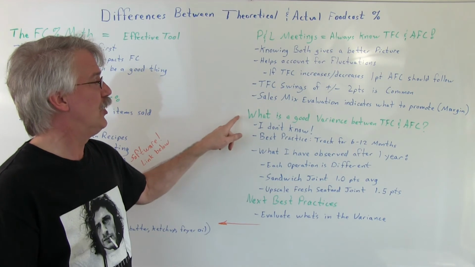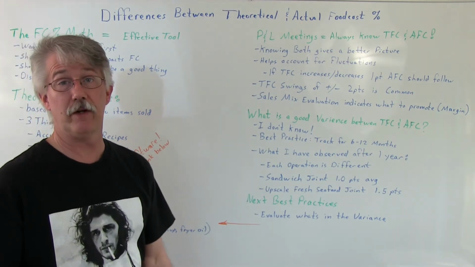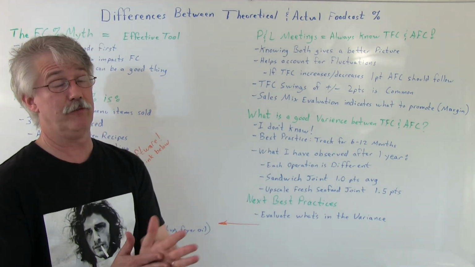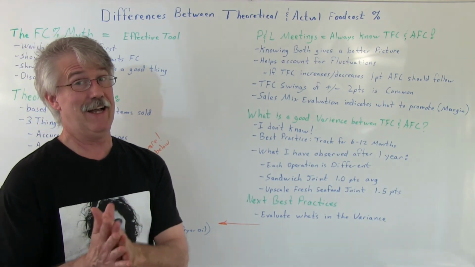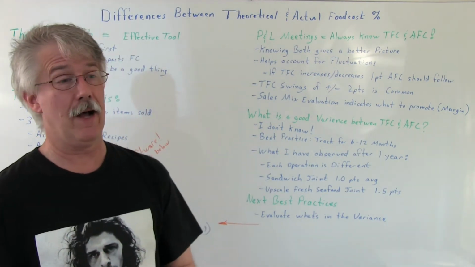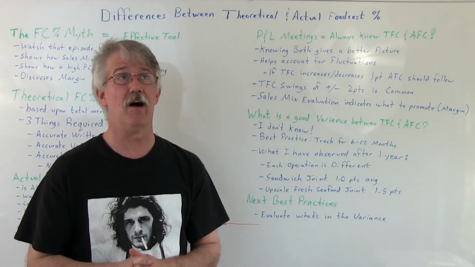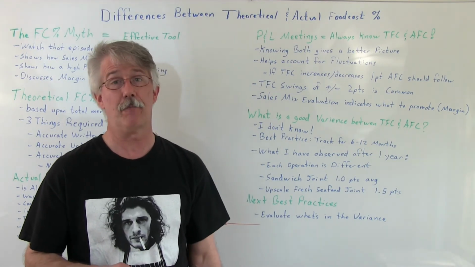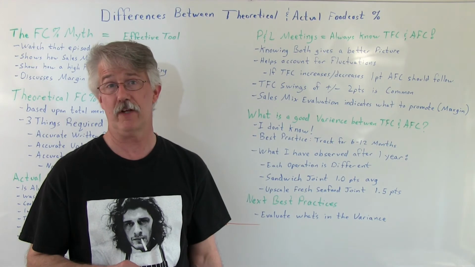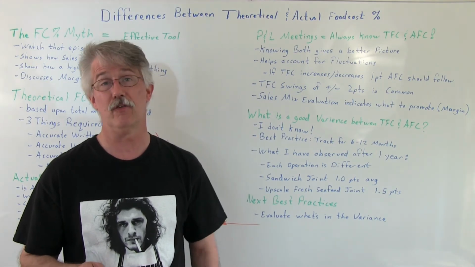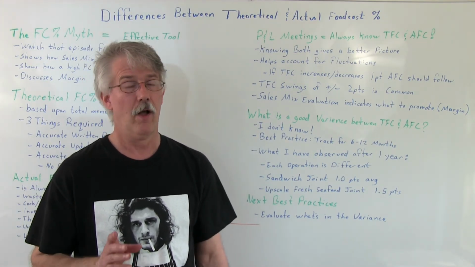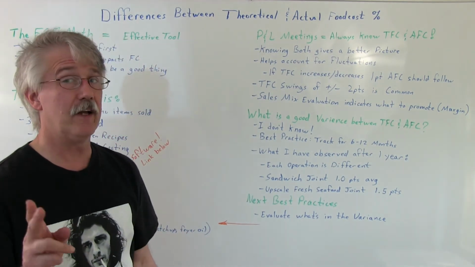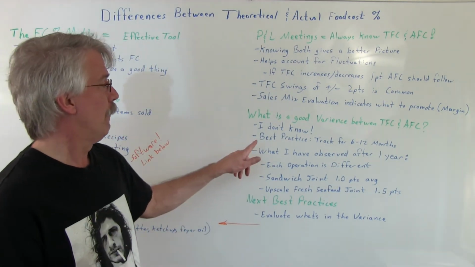So what is a good variance between theoretical food cost and actual food cost? Truth is, I don't know. I don't have enough data from enough different types of operations across the states to give you an honest answer on that. So I'll give you the next best thing, all right?